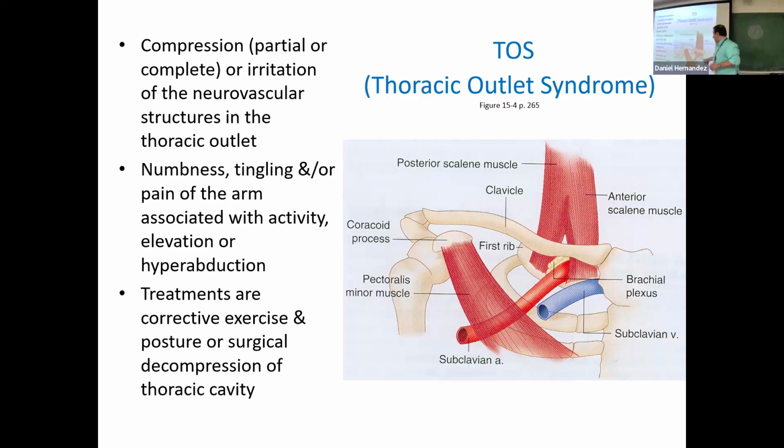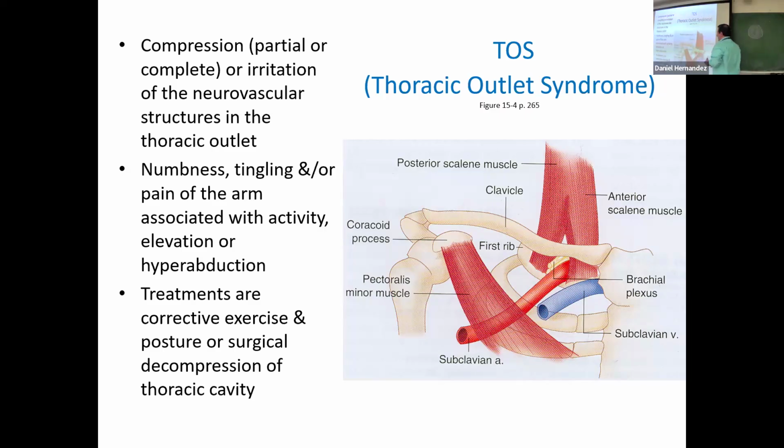If it's an athlete, you might see this with a pitcher. With the repetitive motion of pitching, they could potentially develop thoracic outlet syndrome, from compression of the vessels or the nerve. So again, it's typically associated with exercise or some sort of repetitive motion.